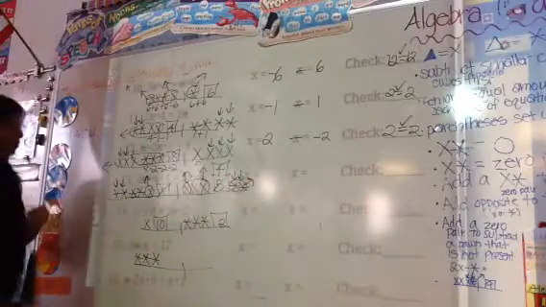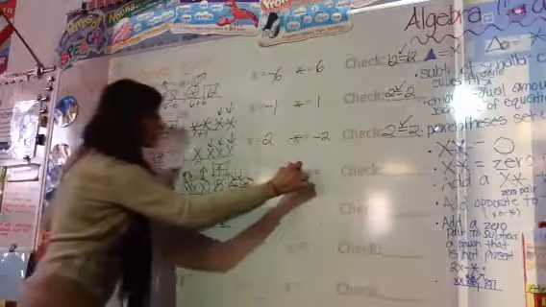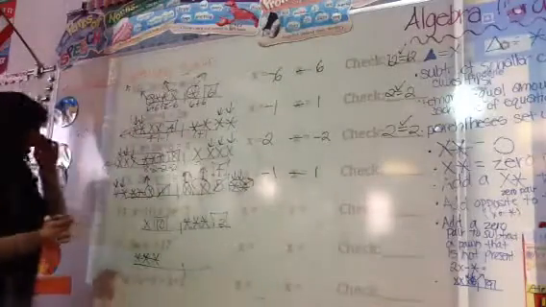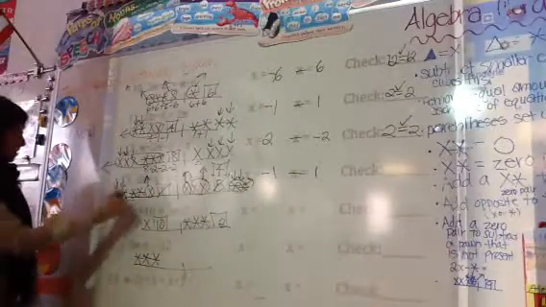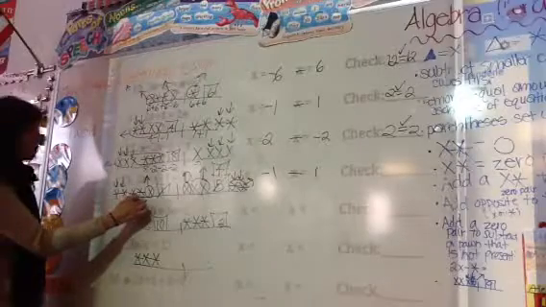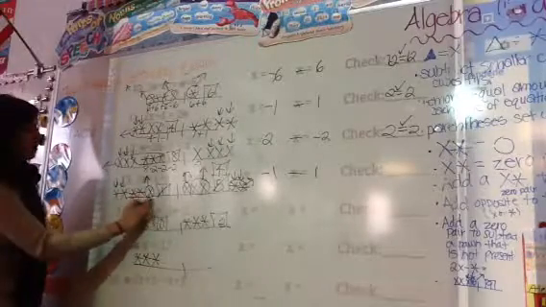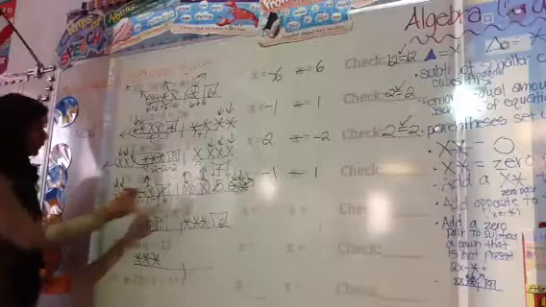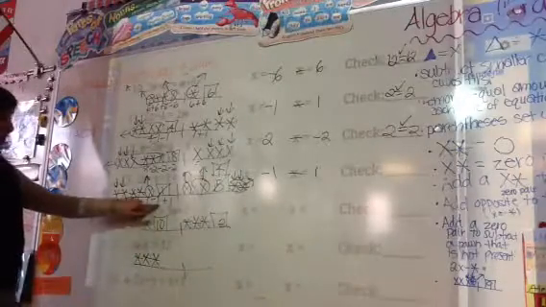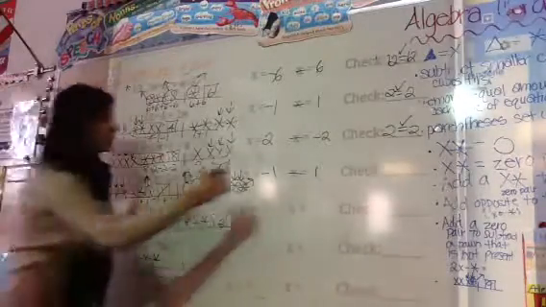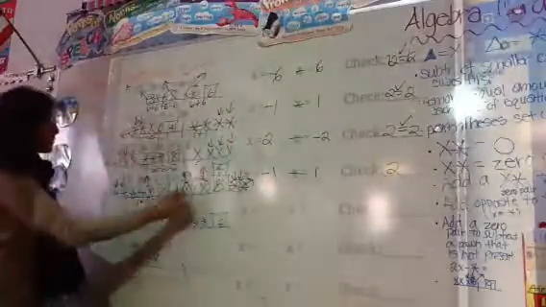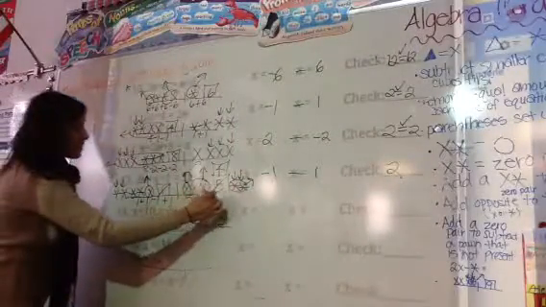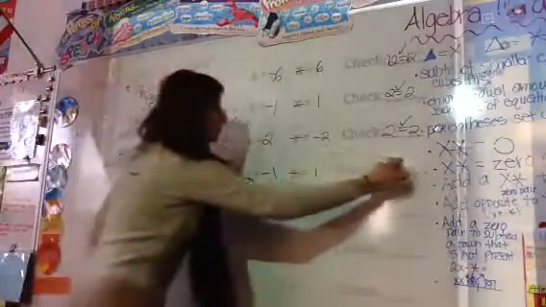So now I'm left with 4 star equals 4. So star is equal to 1. X equals negative 1. And then plugging back in, left side, 1 plus 1, 1 plus 1, minus 1, plus 1. 1 plus 1 is 2, minus 1 is 1, plus 1 is 2. Right side, 5 minus 1 minus 1 minus 1 equals 2.